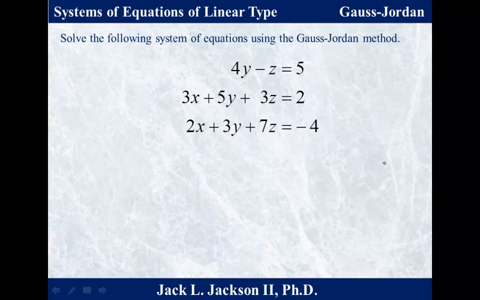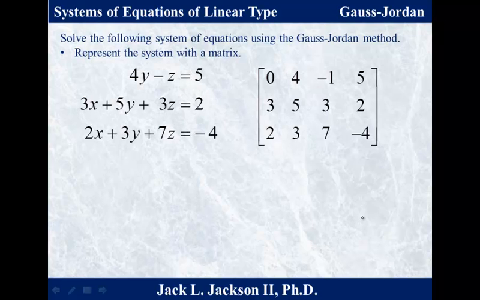So let's look at an example. We're going to solve this system of equations using the Gauss-Jordan technique. Okay, first step, we're going to write this as a matrix. There we go. Check it out. 0x plus 4y minus 1z equals 5.